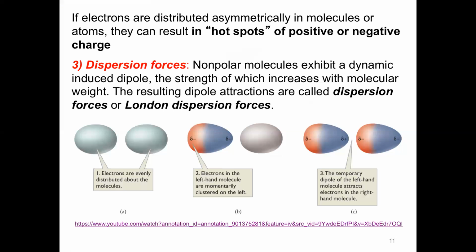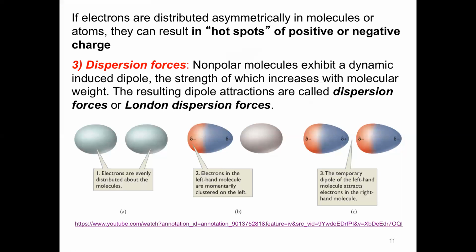This is a good example here with this molecule. Say you have a nonpolar molecule, and if the electrons were evenly distributed over this entire molecule constantly, it would look like this. There's no charge at all. Charge meaning change in electronegativity.